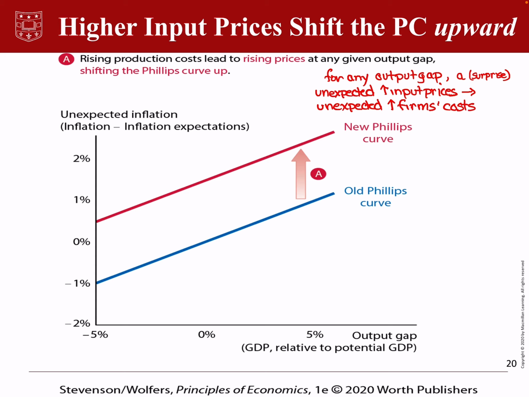of production. So if a critical input becomes more expensive, or we have wages go up, for instance, and it's a surprise, then that would be something that would unexpectedly increase firms' costs, and that will mean that unexpected inflation is going up, and by extension, then the realized rate of inflation also goes up.